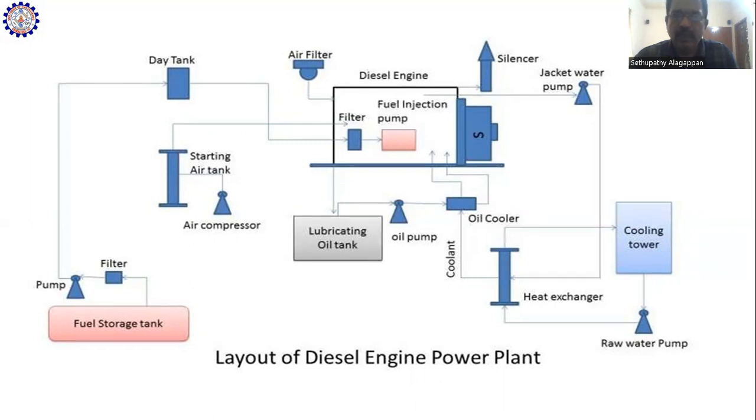So that will be working in the cylinder. The engine is connected with the generator. So the engine will rotate, the generator also rotates, so the power will be produced from the generator.